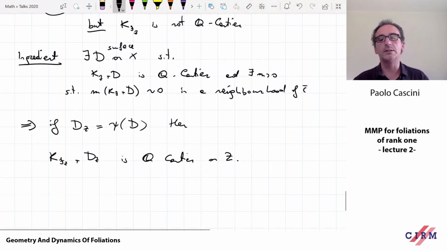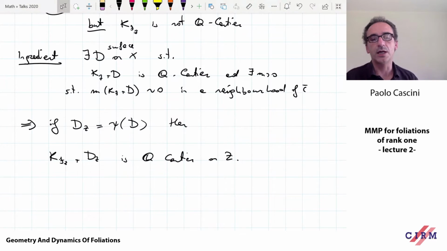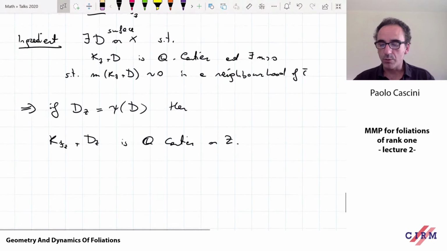And we can work with this foliation. It has singularities which are of codimension 1, but it behaves very much like classical foliation rank 1.